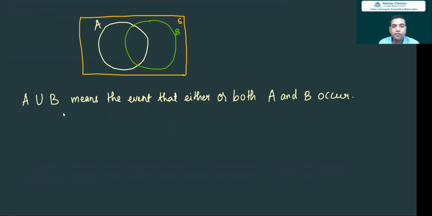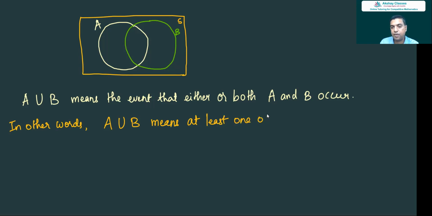So now if you see that, in other words, A union B means at least one of A or B will occur.